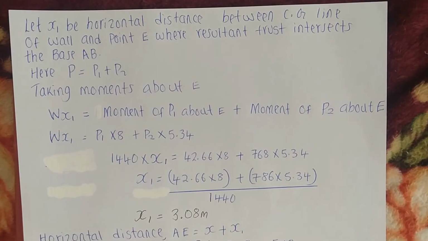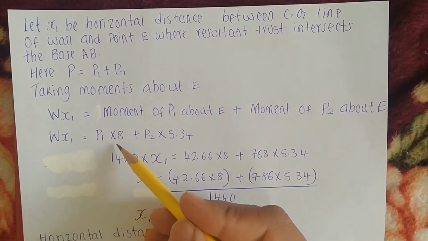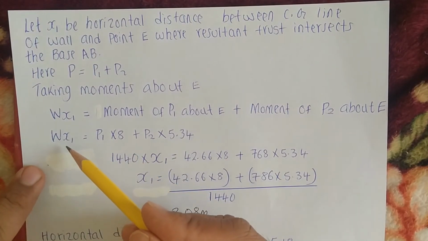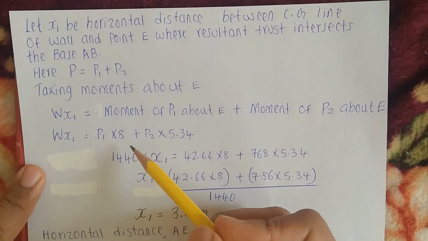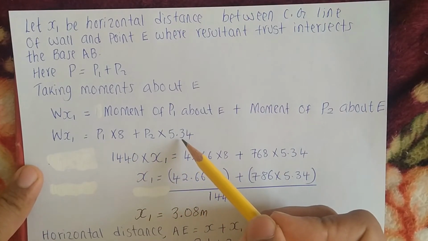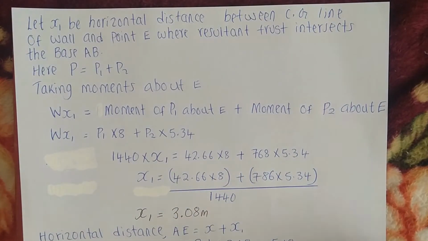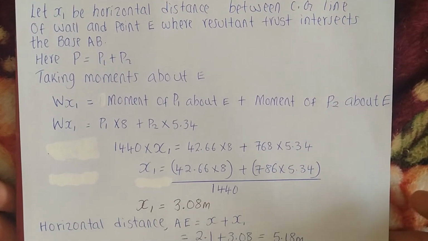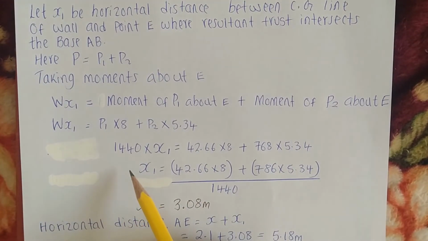So when we replace our values, Wx1 will be equal to P1 multiplied by 8 plus P2 multiplied by 5.34. And we know we calculated the weight of the masonry wall and got it as 1440. So I have just replaced my values.